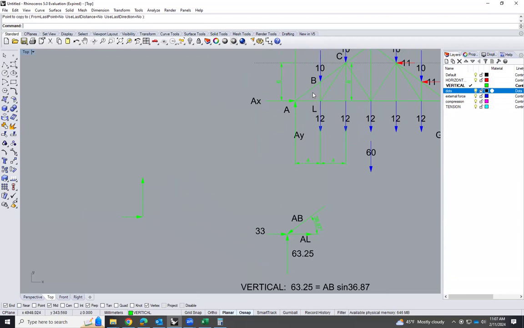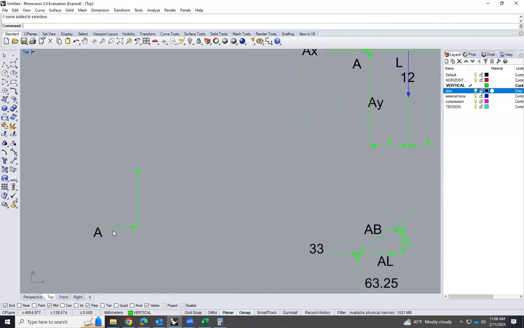The third is another horizontal force. And finally, the fourth will be here. I know that I have to start and finish at point A.